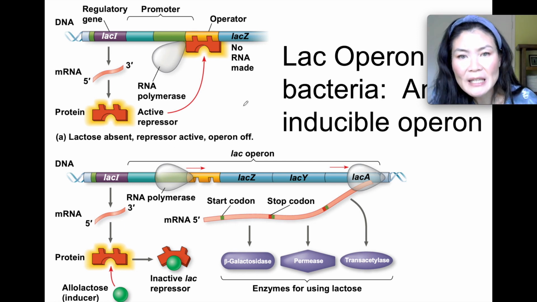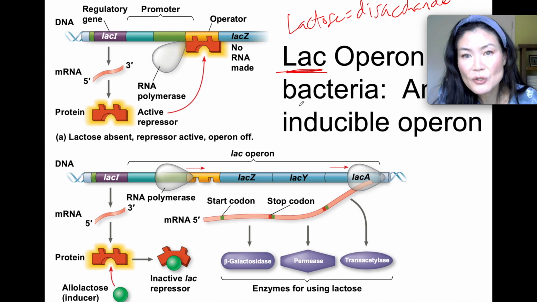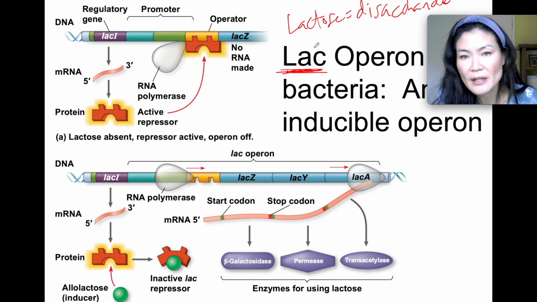Now let's talk about the lac operon. You know that lac stands for lactose, and lactose is a disaccharide, okay? It's basically made up of 2 sugars, glucose and galactose. And in order to break down or metabolize lactose, the bacteria need enzymes to break down that lactose, okay?